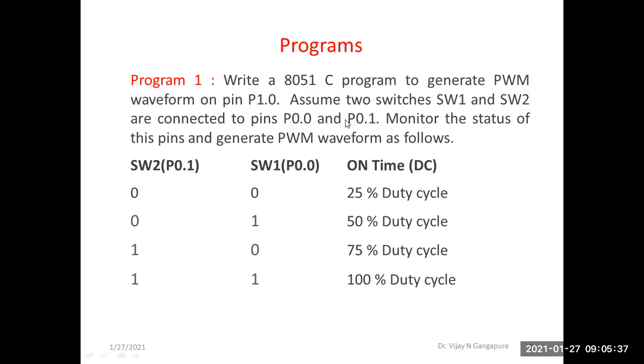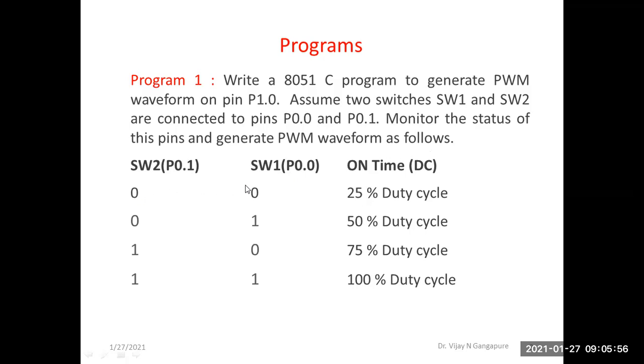Your program will monitor the status of these pins and generate PWM waveforms as follows. Switch 2 is connected to pin number 1 of port 0, and switch 1 is connected to pin number 0 of port 0.